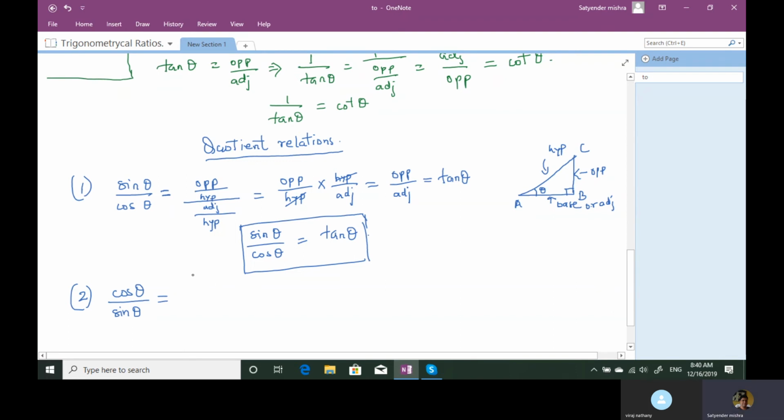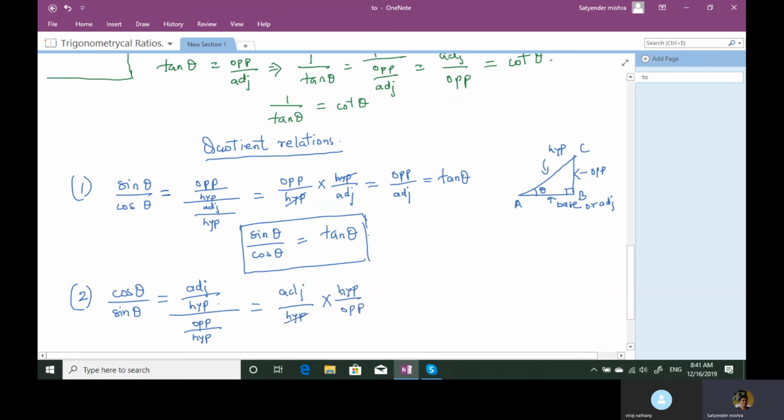So cos theta is adjacent by hypotenuse divided by opposite by hypotenuse, which is equal to adjacent by hypotenuse multiplied by hypotenuse by opposite.